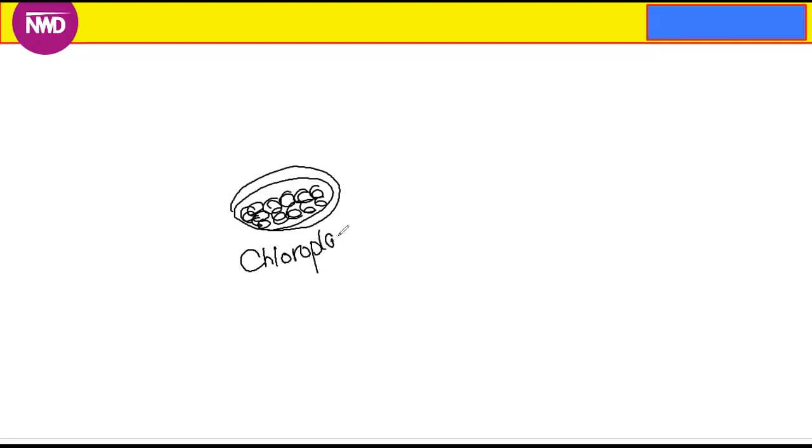So let's understand how food is being prepared here. For this, we have seen this structure, correct? What I have made is a chloroplast.